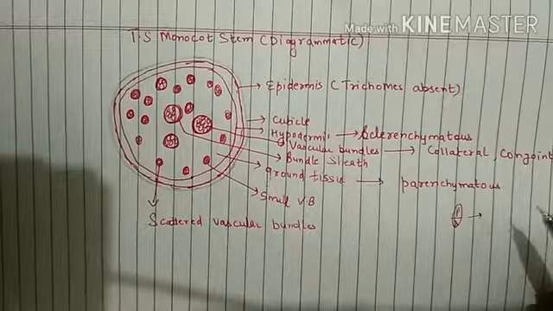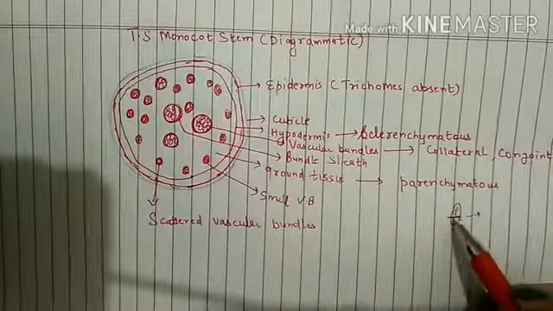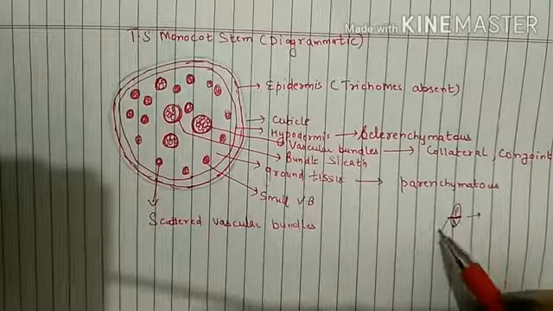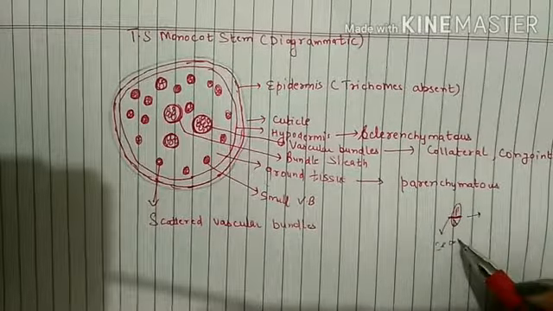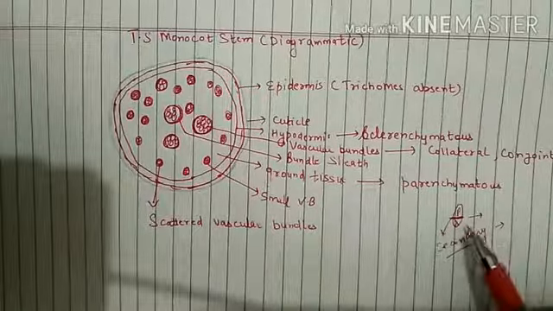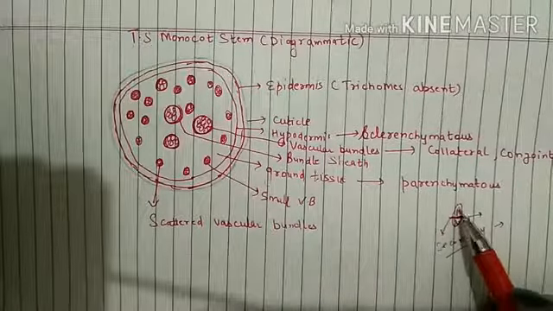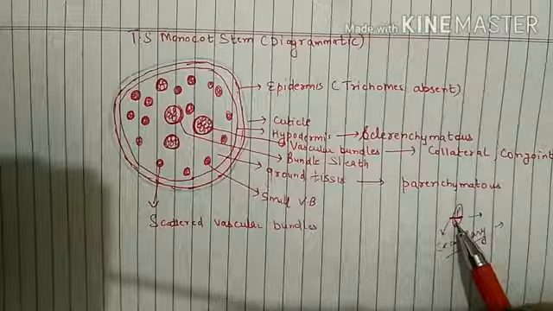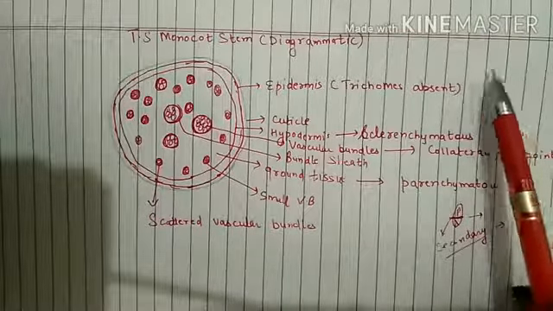And you know that this cambium, if present, is responsible for secondary growth. Therefore, no secondary growth is observed in monocot plants, since cambium is not present between phloem and xylem.